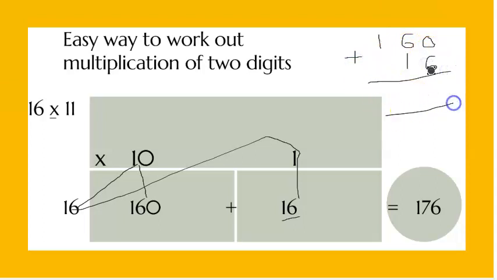So I'll add up this and get my answer. 0 plus 6, 6. 6 plus 1, 7. 1 plus nothing is still 1. So I have my answer, 176.